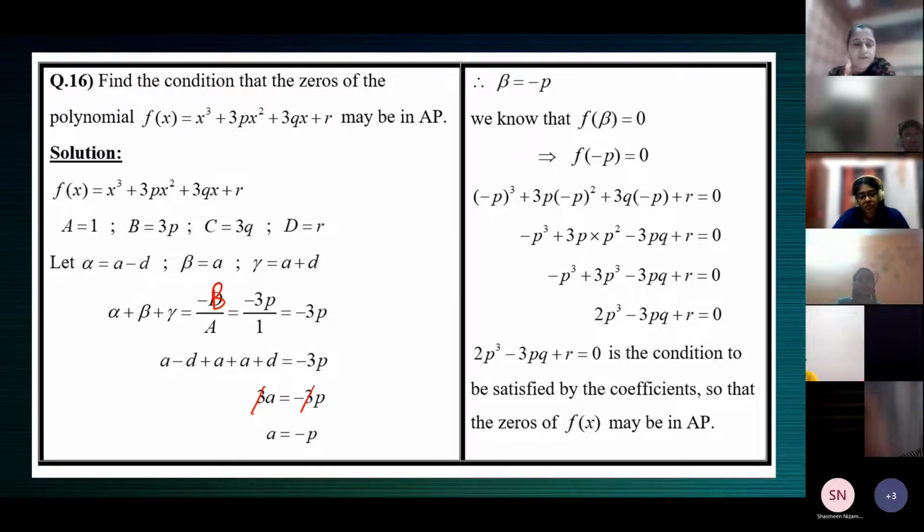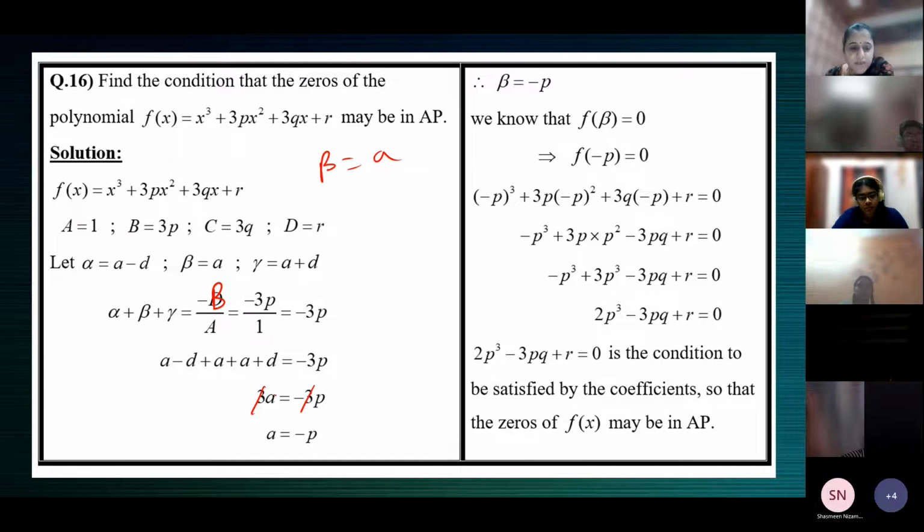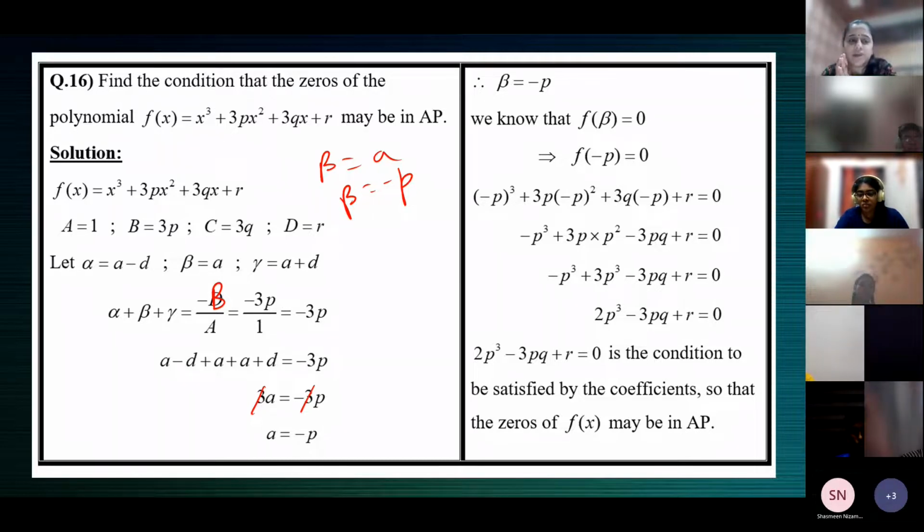As you've understood in the last class, beta is A. And we found A is minus p. That means beta is minus p. One of the zeros is minus p. And I also told you that when the coefficients are numerical, you will get numerical values for alpha, beta, and gamma.